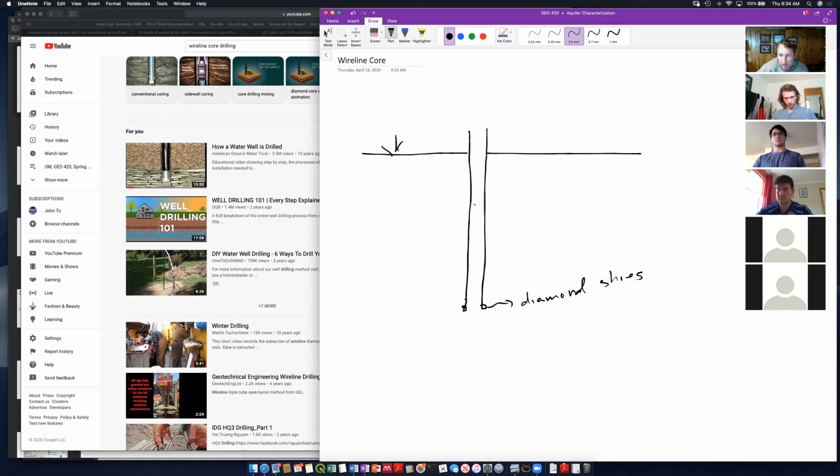And then it's got another tube inside that sits right in here. And so this thing spins. All right. These diamond shoes cut down. And as they do that, we leave behind this column of rock that comes up into our core tube, all right, and fills our core tube.